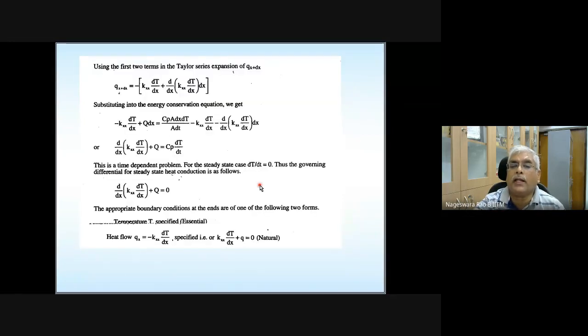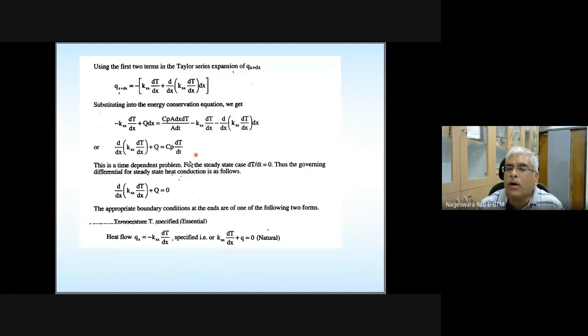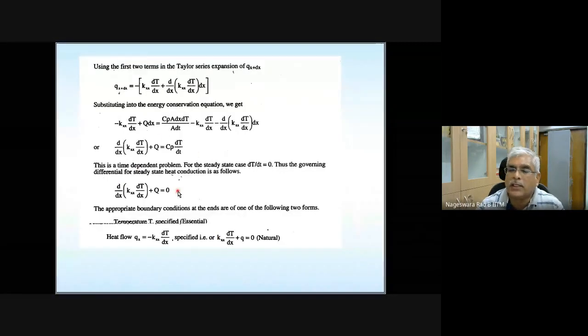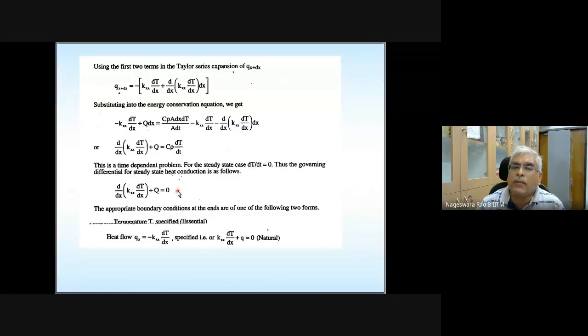And what about the boundary conditions? This entire thing describes how you got that governing differential equation. If somebody wants, they can go through that. So what are the boundary conditions for this steady state heat conduction problem?